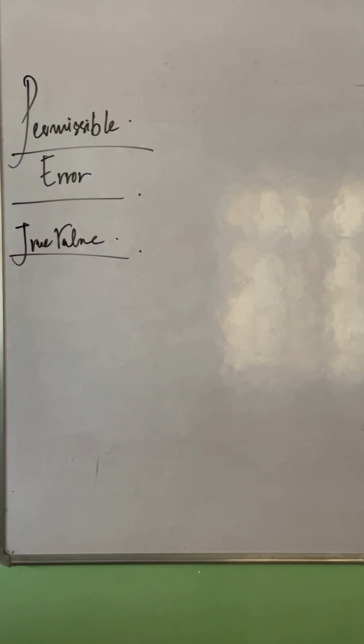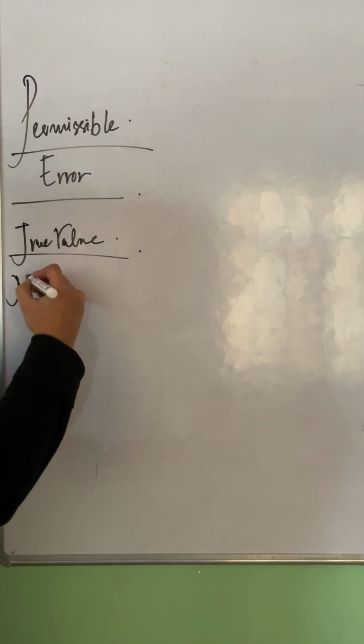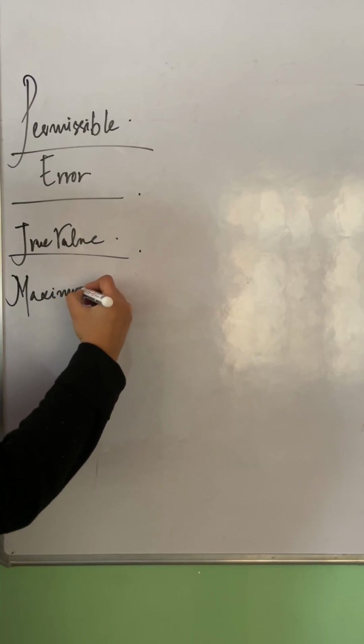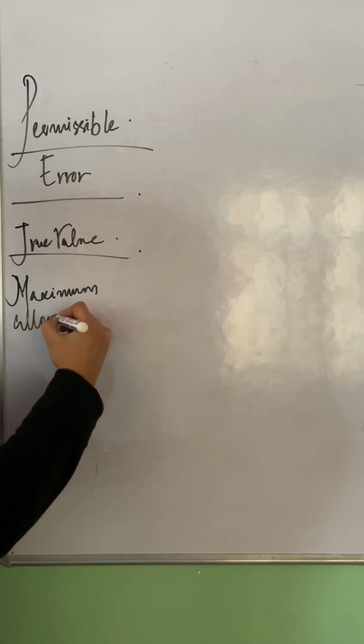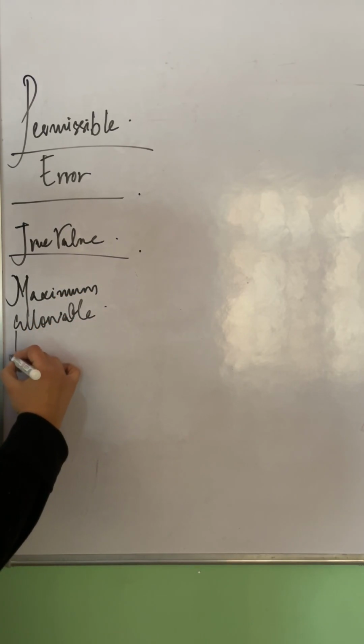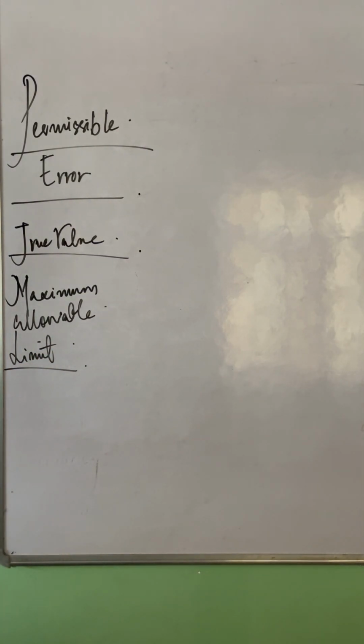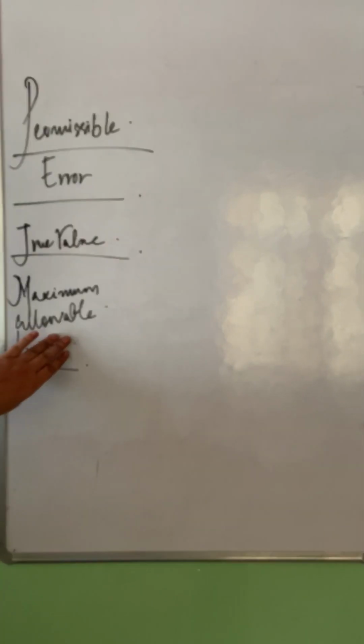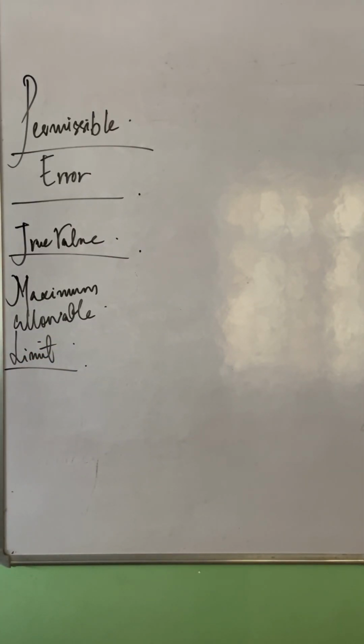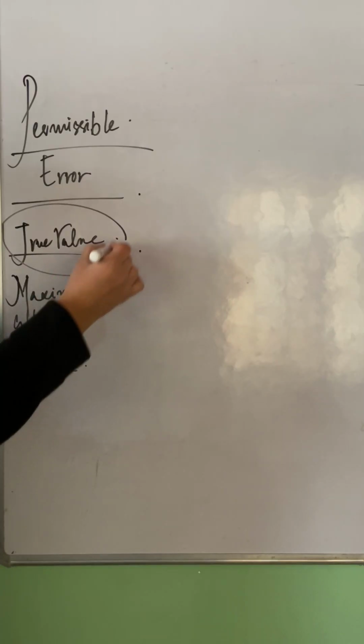But our permissible error is the maximum allowable limit that a measurement may vary from its true value.